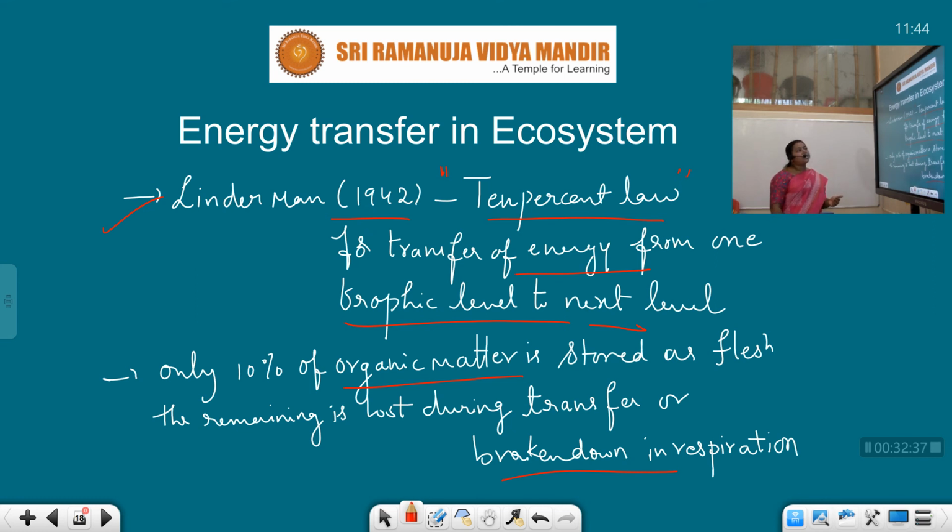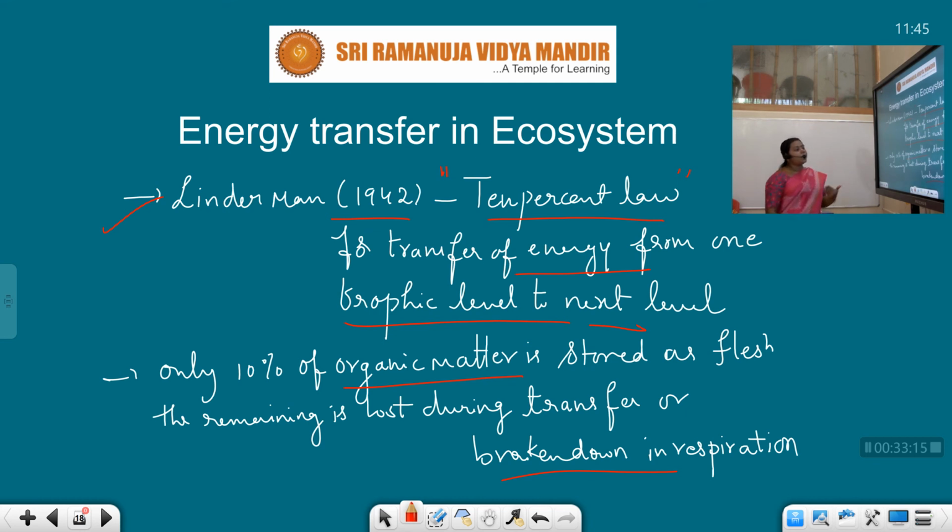Next, energy transfer in the ecosystem. Here Mr. Lindeman in the year 1942 gave the 10% law. This 10% law explains how the energy is transferred from one trophic level to the next.